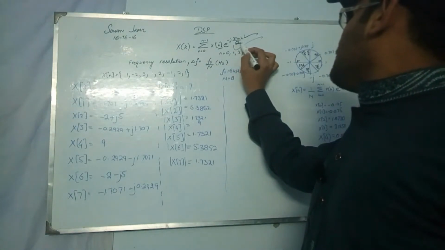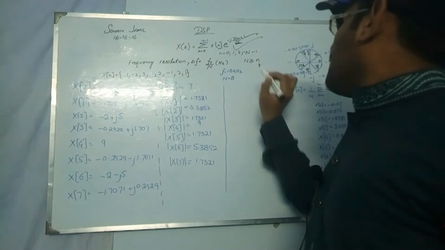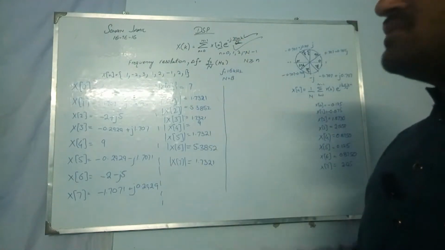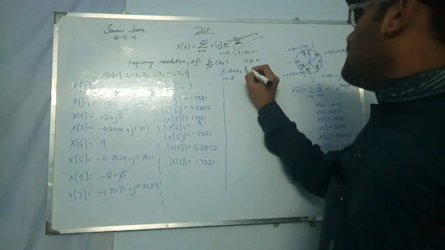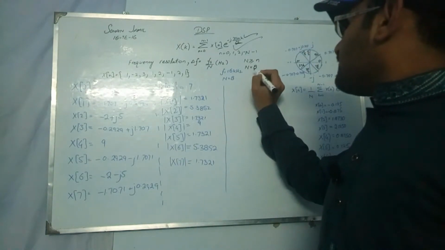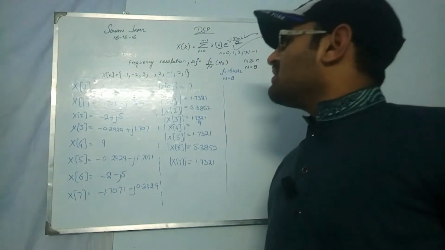Capital N is equal to or greater than n, the samples in time domain. We were discussing equality, so in this example N is equal to 8.